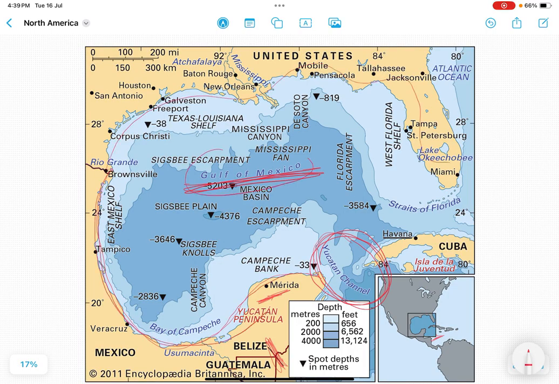So the Gulf of Mexico is shared by the United States and Mexico. You can see there is Strait of Florida, and Bay of Campeche right here. So these are all the things. You can see the Mississippi River coming into the Gulf of Mexico right here.